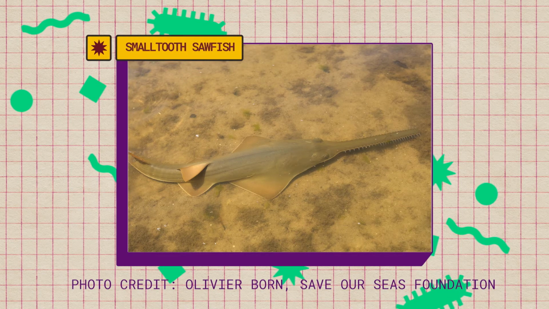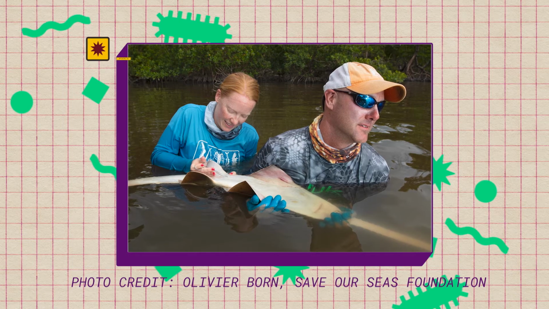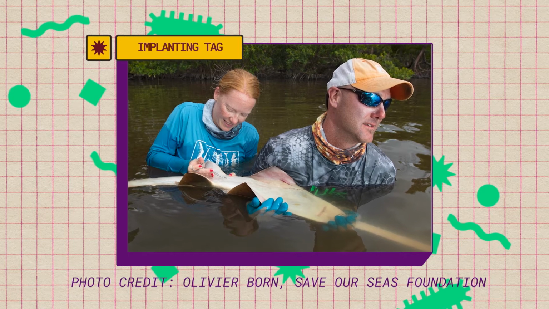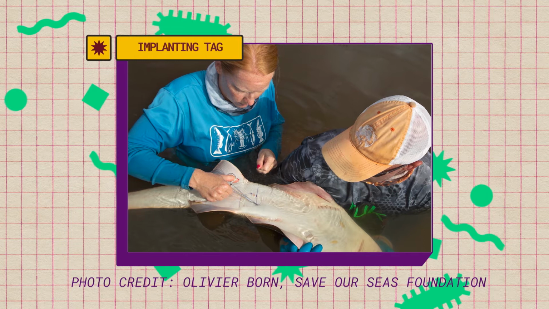Through our tagging program, we have learned a great deal more about the movement ecology of juvenile small-tooth sawfish. Previously, we knew that sawfish would stay within their nursery habitat within their first 1 or 2 years of life. With the addition of these acoustic tags, we have learned that these sawfish are actually moving greater distances at a younger age.